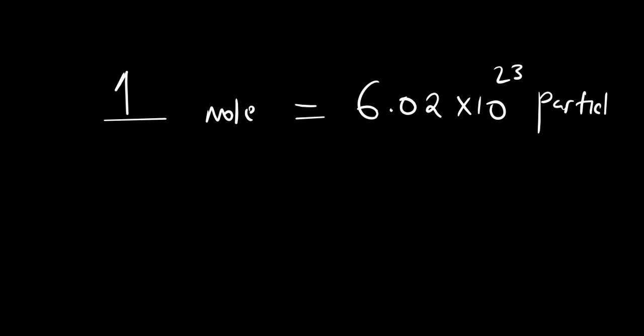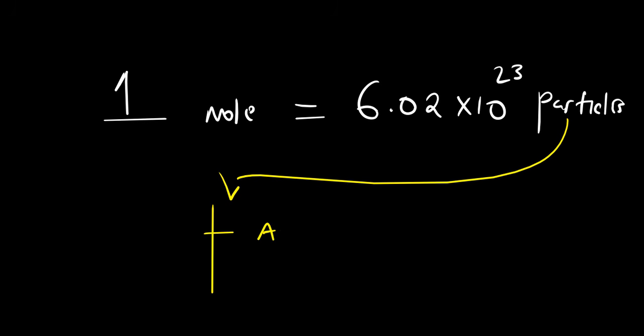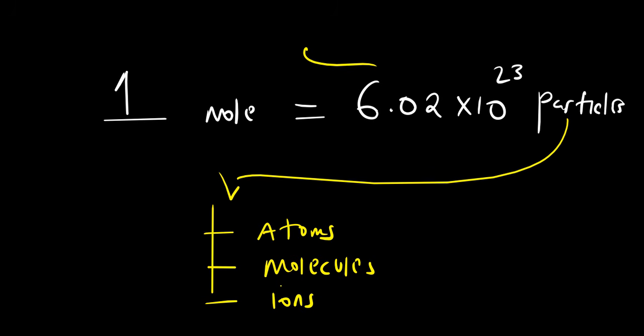Now we have to understand that these particles can be atoms, molecules, or ions. And this number that we've just written here, we call it the Avogadro's number. That is very important for us to understand.